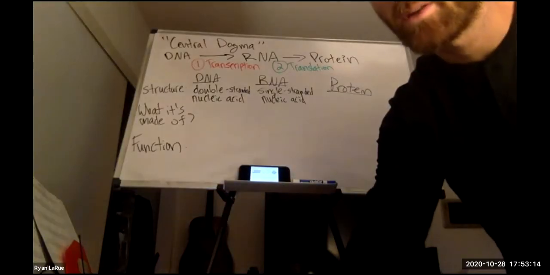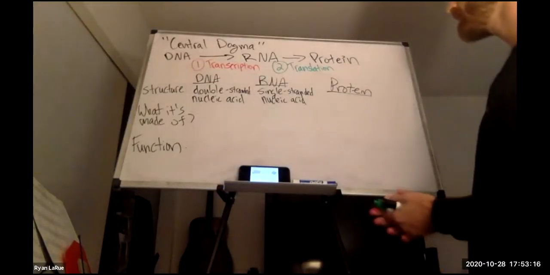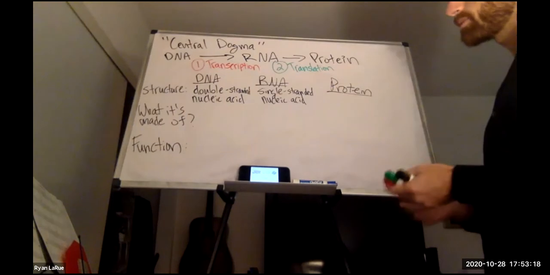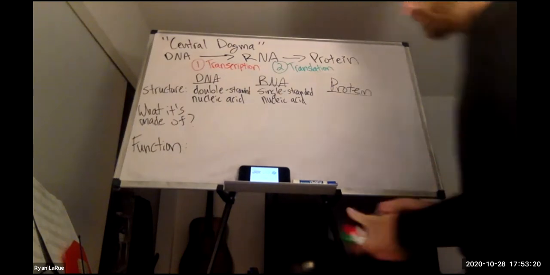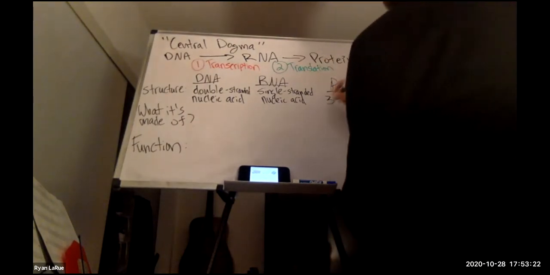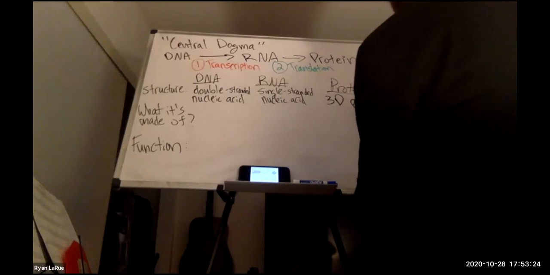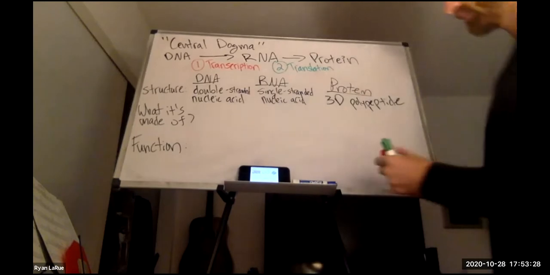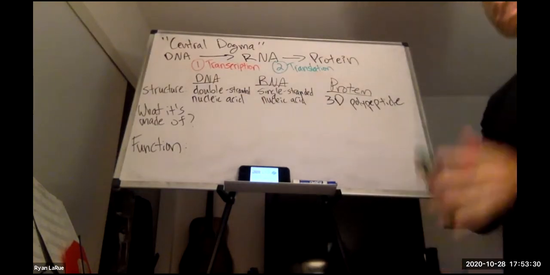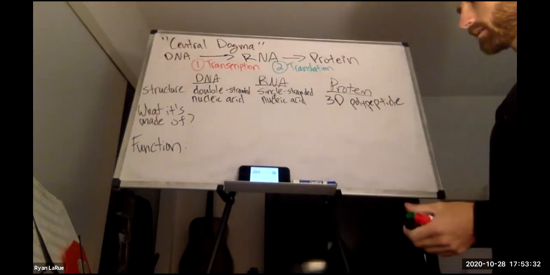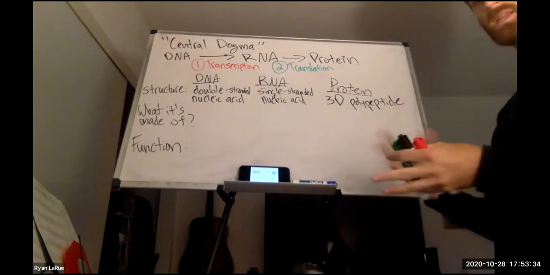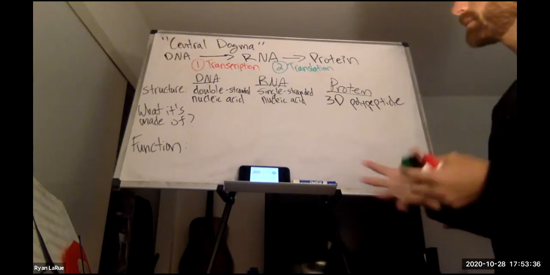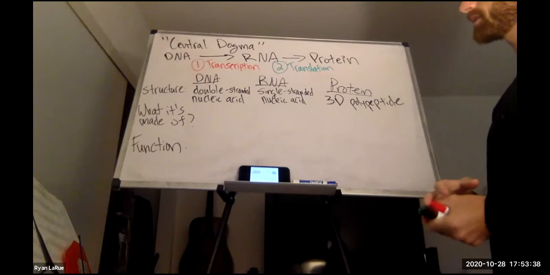So that's one key difference between DNA and RNA. And then, of course, proteins aren't nucleic acids at all. They are three-dimensional polypeptides. On the slide, as you saw, it's the ribbon confetti-looking three-dimensional structure.